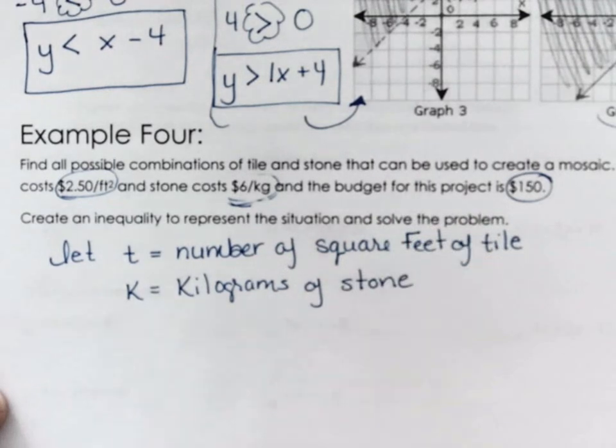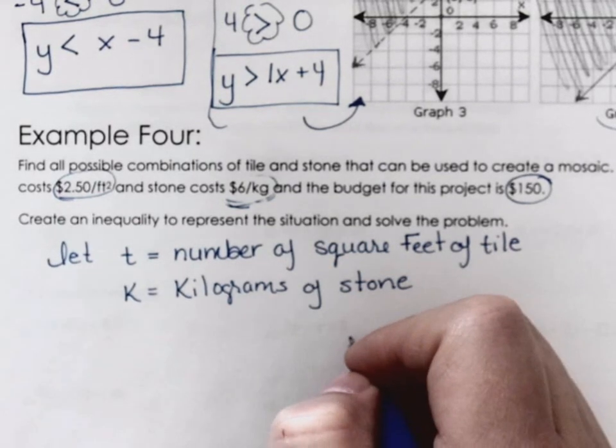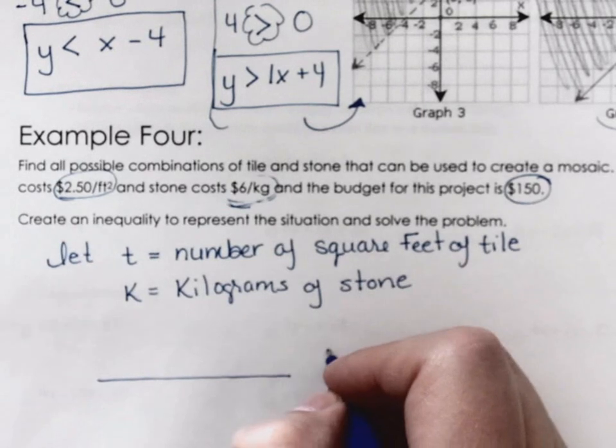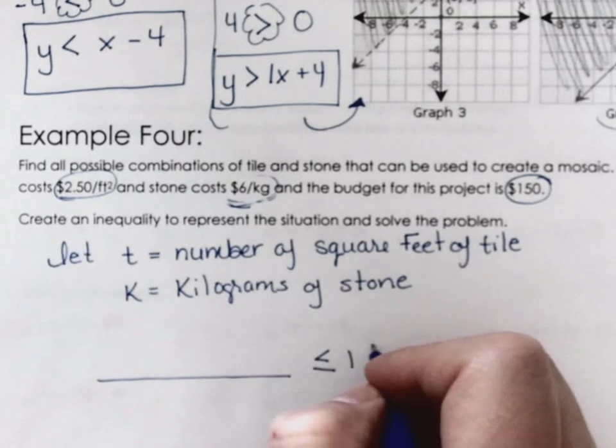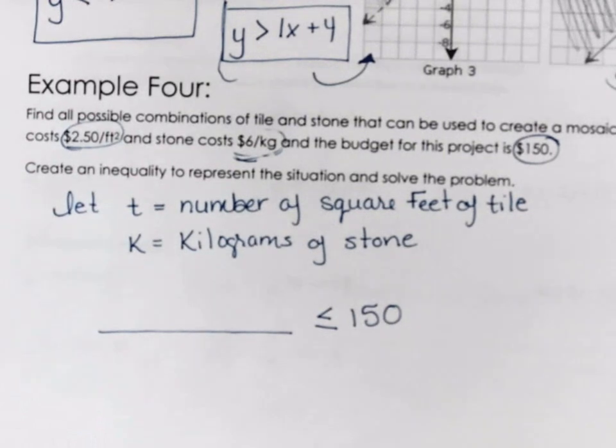All right, so what I know is that I cannot go over $150. That's all I have in my wallet. I can't spend any more than that. So we know that this side of the equation has to be less than or equal to $150 because I can't go over it. It can't be greater.